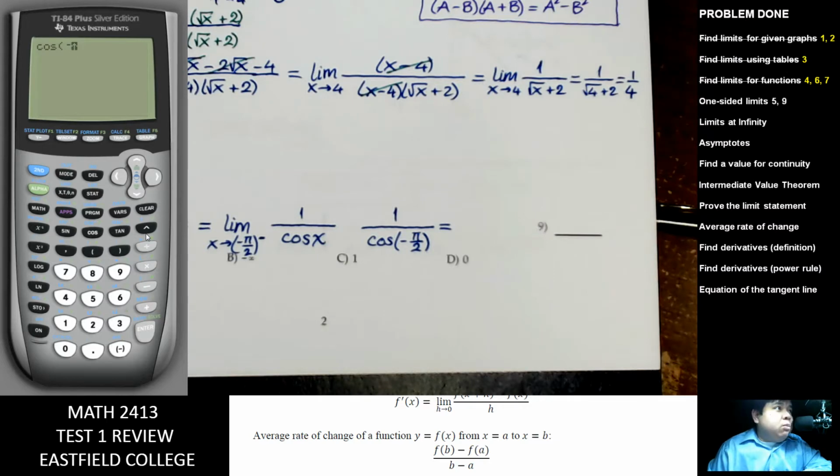Difficult to see here, I think. Right there. Let me change this real quick.